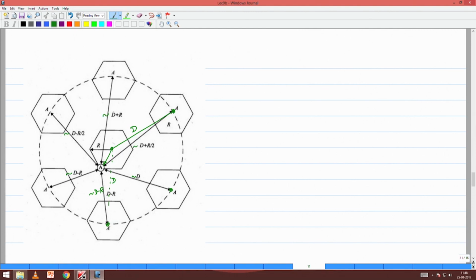So, basically in terms of the known terms, if I were to ask you to write down the C over I expression for this, I have taken only the tier 1 interferers. So, this would be R raised to the power minus 4, and I have taken a path loss exponent of 4, divided by: there are two base stations at approximately D minus R distance, which will be (D minus R) raised to the power minus 4.